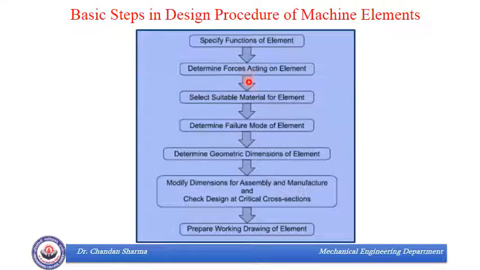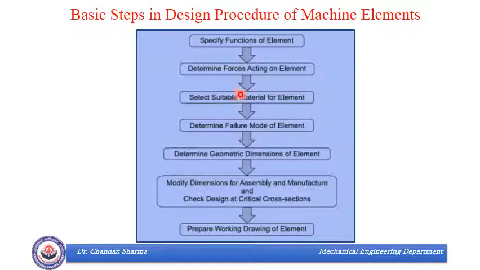Then comes the suitable material for the element. There are various engineering materials that can serve the purpose. So we need to choose the most appropriate material for the machine element. Then we will see how the component will fail under the application of the forces.